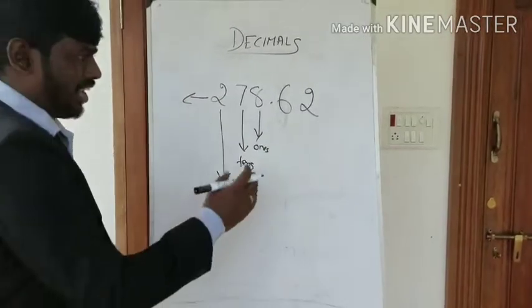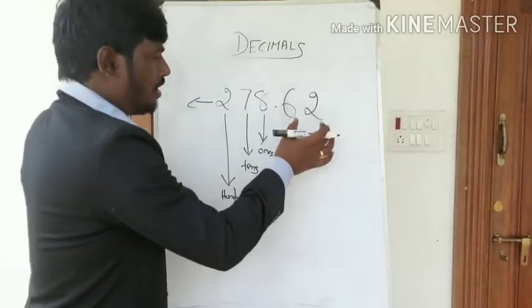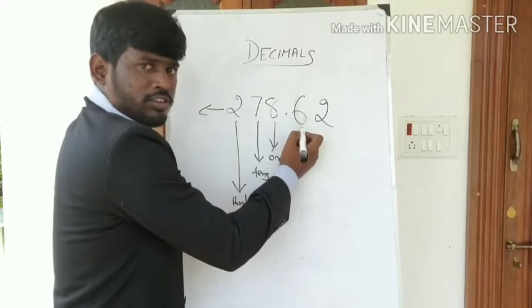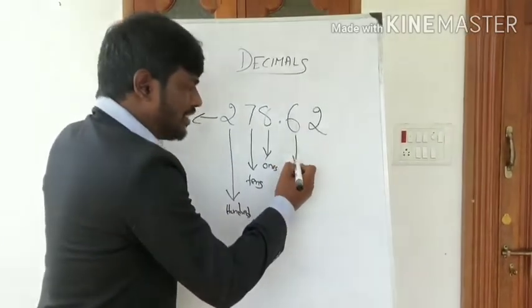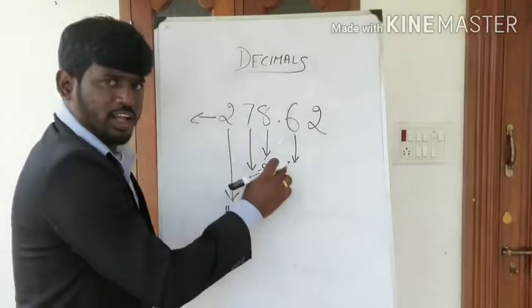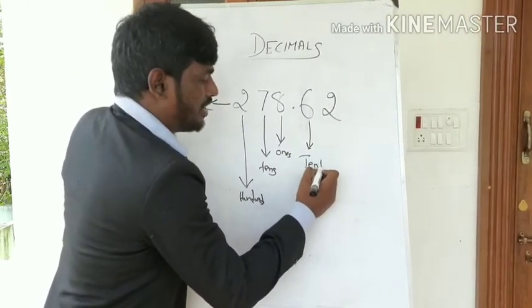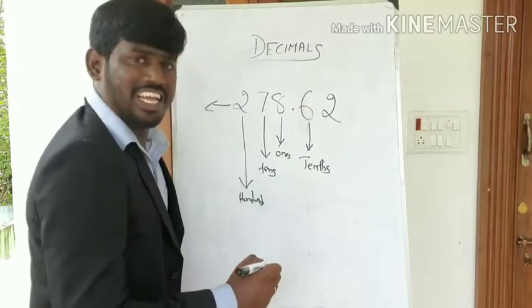In the same way, after the decimal point, the first digit, 6, we call tenths.